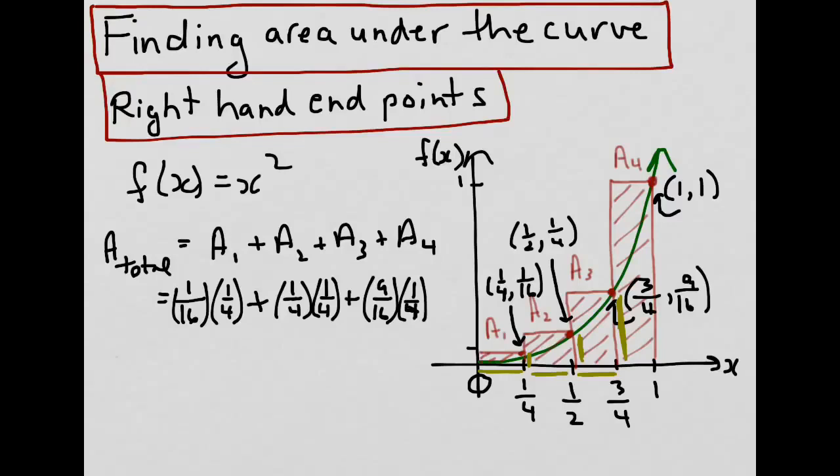And finally, for rectangle 4, the area would be this distance here times this distance here, which would be 1 times 1/4.